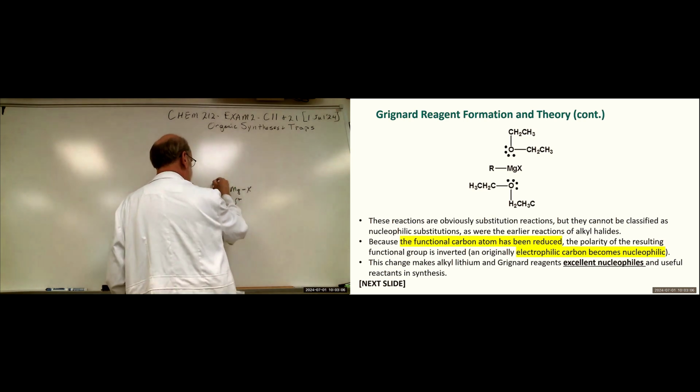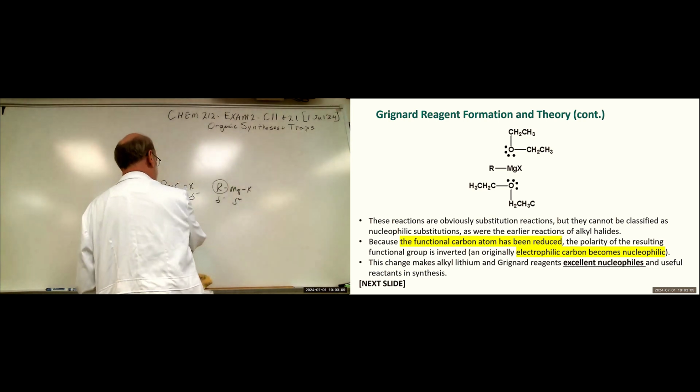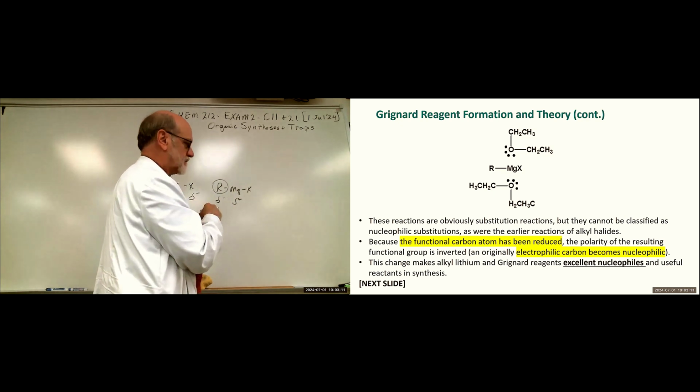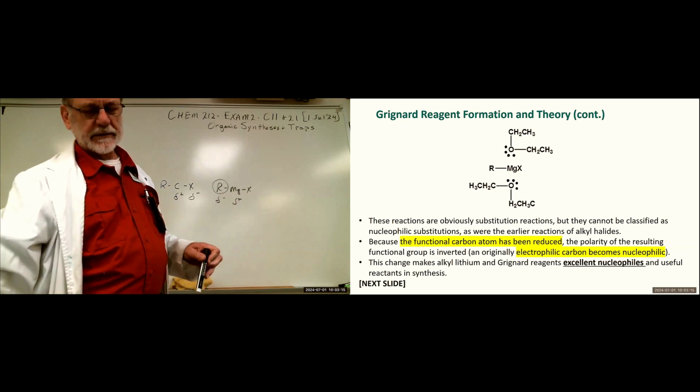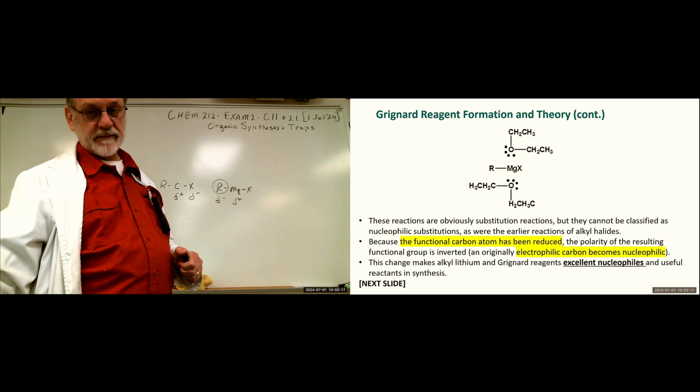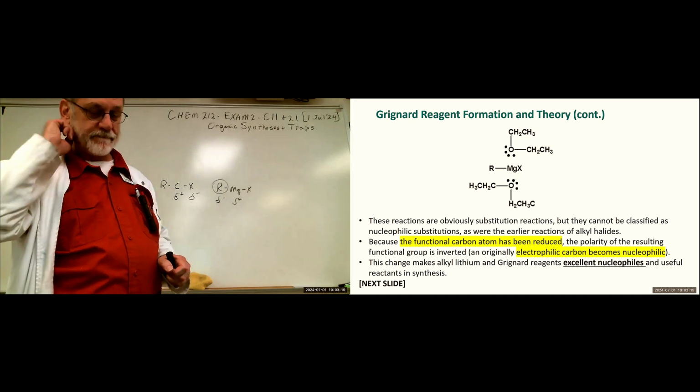So now we get a nucleophile instead of an electrophile out of that carbon. I left out the carbon, I should put a carbon. That's what the Grignard reagent does. So on the slide, it just has Mg with the X.